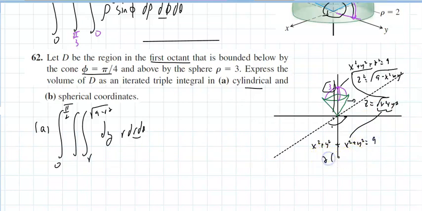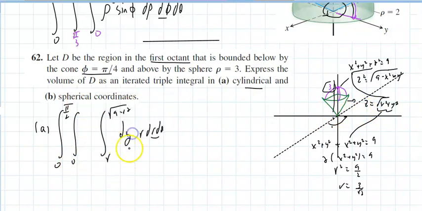So I'll get 2 times x squared plus y squared equals 9. So r squared equals 9 halves, r equals 3 over radical 2. So 0 to 3 over radical 2.